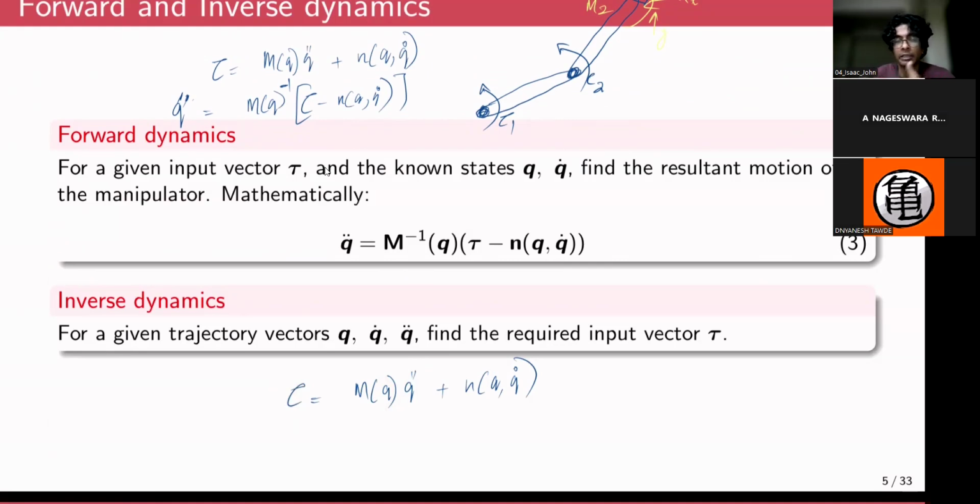That's why we need to propagate the velocities first, because we have to estimate the positions, velocities, and accelerations of each and every joint of the robotic manipulator. Then only we can substitute that into this equation so that the appropriate forces and torques can be found out.